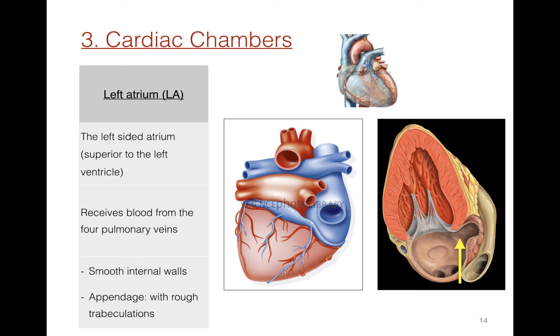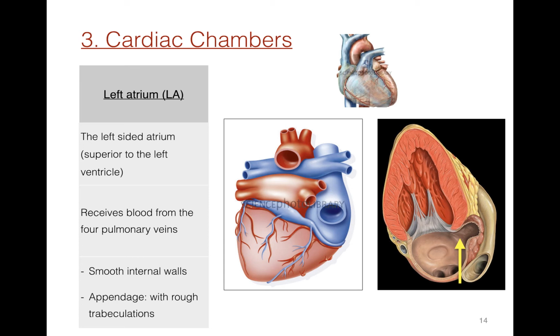This is an important structure often, especially in certain disease settings, such as arrhythmias like atrial fibrillation, when it's important with ultrasound to see within the appendage for any potential blood clots.